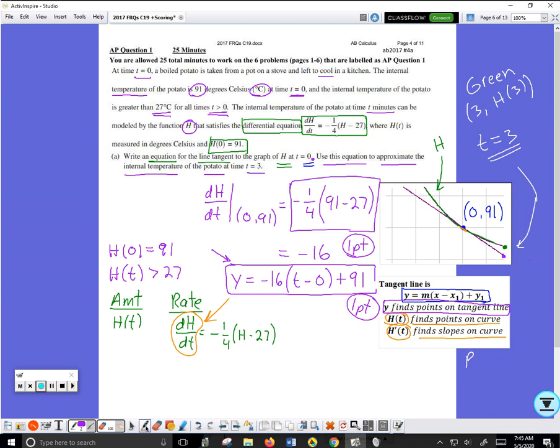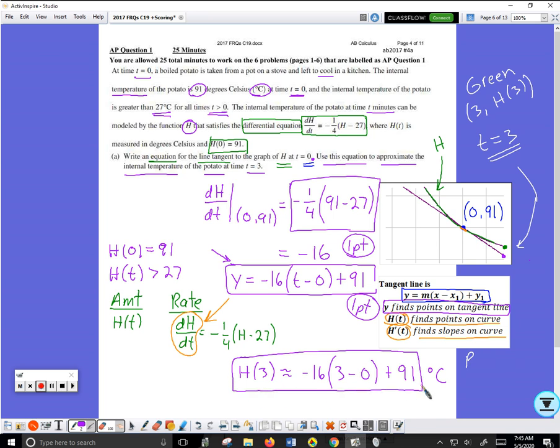So I write h of 3 can be approximately calculated using negative 16, plug in 3 for the time, and that's it. It is degrees Celsius. They did not say I had to use the units, so they won't take off any points if you don't put the units.